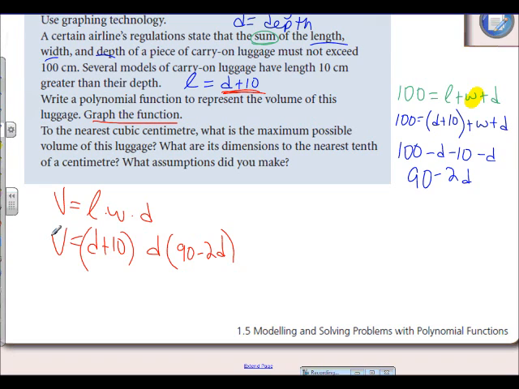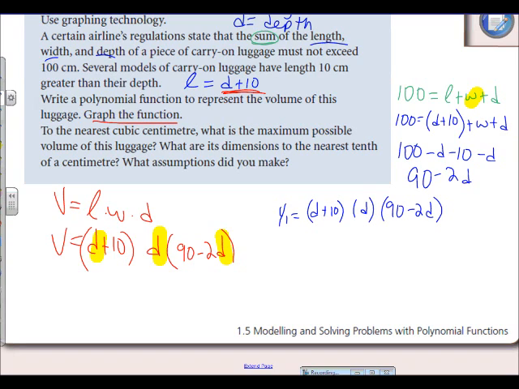We've got an equation, V equals, and we've got one variable, D, which is really your X. So we're going to punch that into our calculator. We're going to be punching in Y1 equals D plus 10 times D times 90 minus 2D.